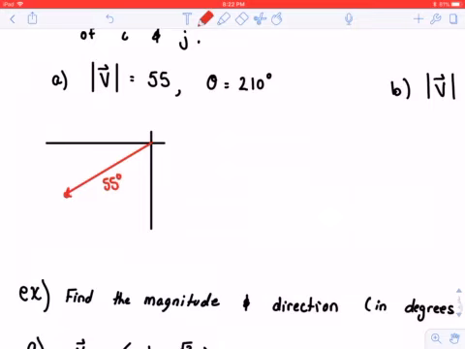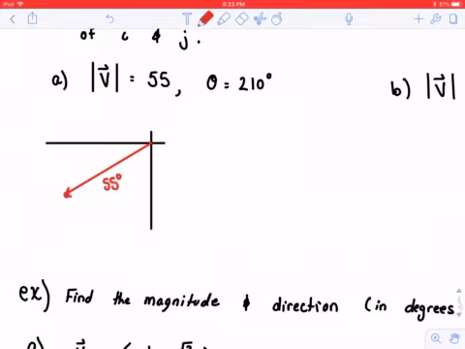This is where it's really nice if you know one of two things: either the unit circle or your special right triangles. It doesn't matter. I've been using the unit circle with you guys all along, but sometimes you'll see the special right triangles are also useful. Here it really doesn't make much of a difference. It's about the same amount of work either way, but I'm going to focus on the unit circle. Just know if you know your special right triangles, that will also work for you.